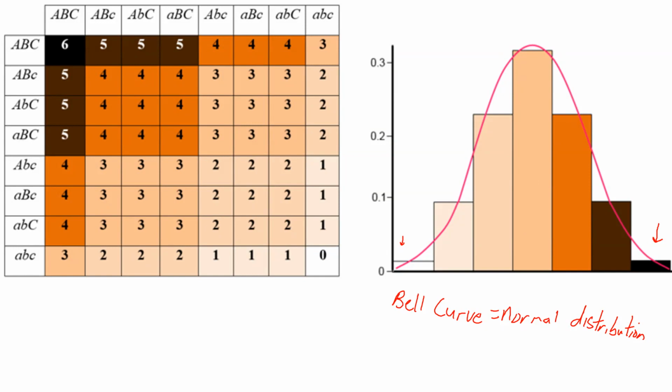Now, that said, let's start here. Remember that each person is going to inherit 6 of these genes for skin color: 3 from a mother, 3 from a father. So this first person, which has capital ABC for both parents, comes out as the darkest possible skin color.